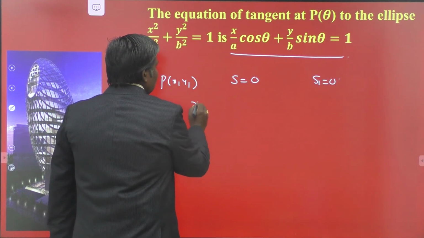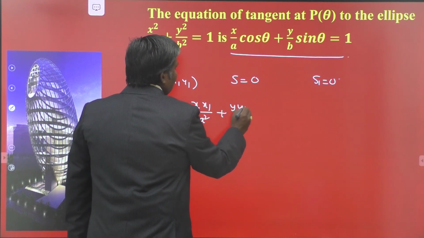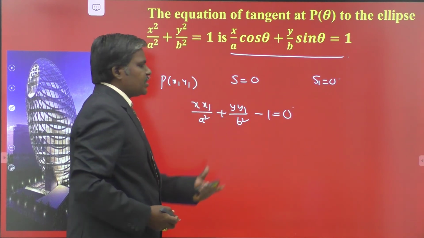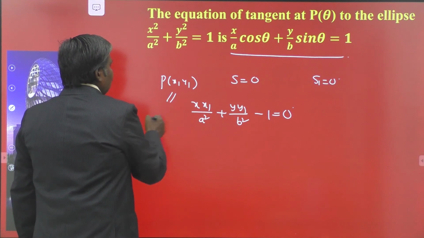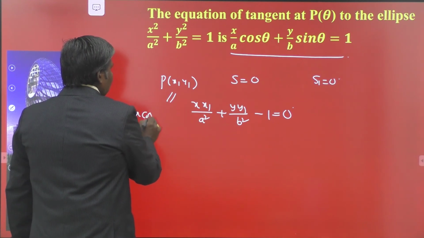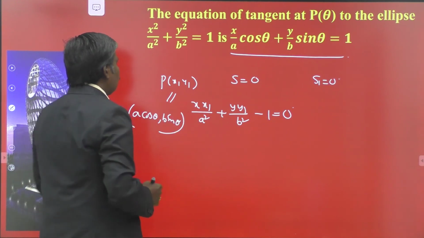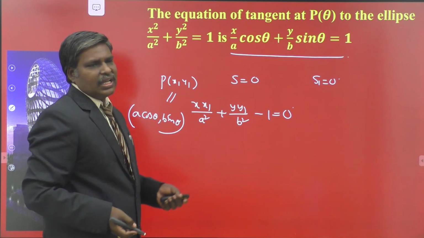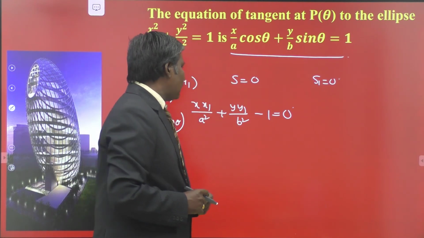So what is S1? x x1 by a square plus y y1 by b square minus 1 equal to 0. From the notation itself, this is S1. But what is your point P x1, y1 here? This is in the parametric form a cos theta, b sin theta. So replace x1 by a cos theta and y1 by b sin theta. We obtain the equation of tangent at P x1, y1 to your ellipse.